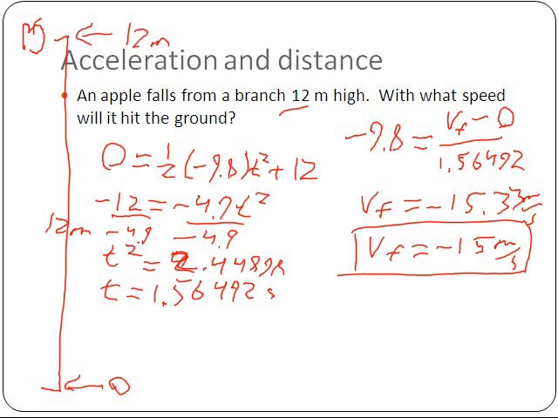Now, one quick general note. It says with what speed will it hit the ground. Some of you will say there's a common sense answer to this: 0. When it hits the ground, it stopped. In the physics sense, when we ask with what speed will it hit the ground, we're asking about what speed it will have the instant it first touches the ground. That's equivalent to asking what speed it has the instant before it touches the ground, before the extra force of the ground interacts with it.